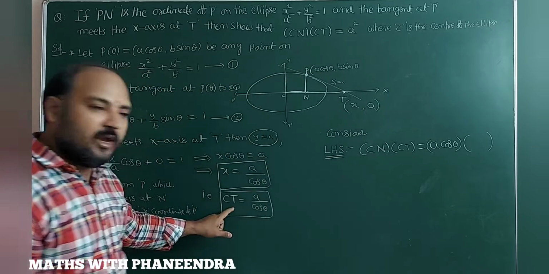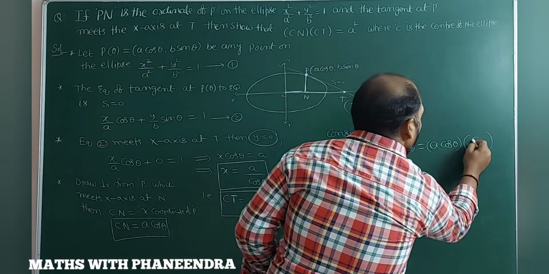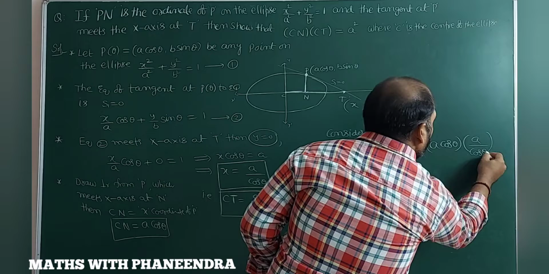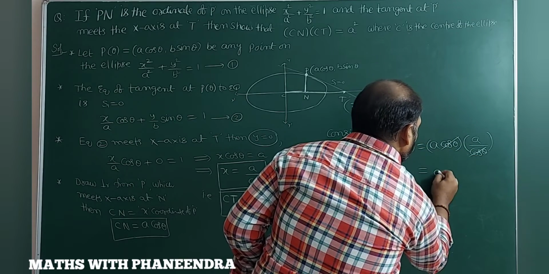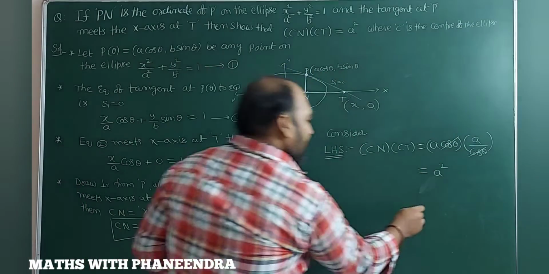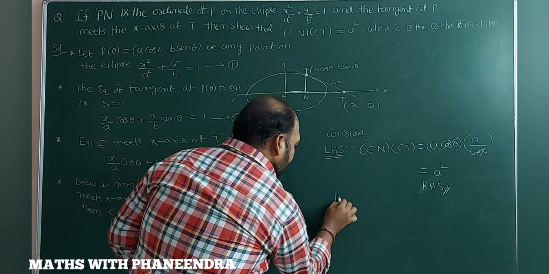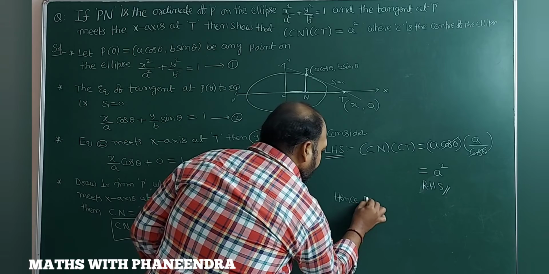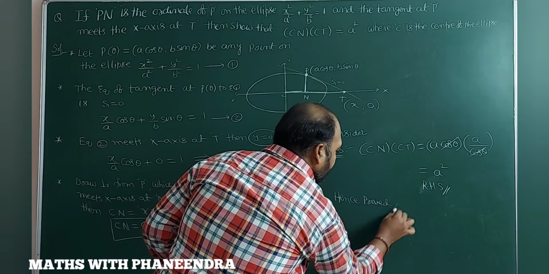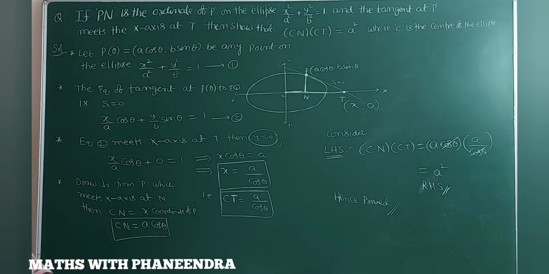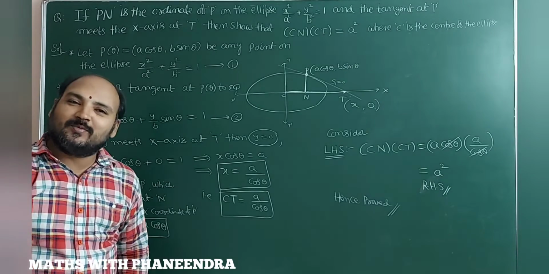CT value is a by cos theta. So cos theta gets cancelled, a squared. That's what they are asking to prove, no? RHS. Hence the result. CN into CT is equal to a squared. We'll move to the next one.